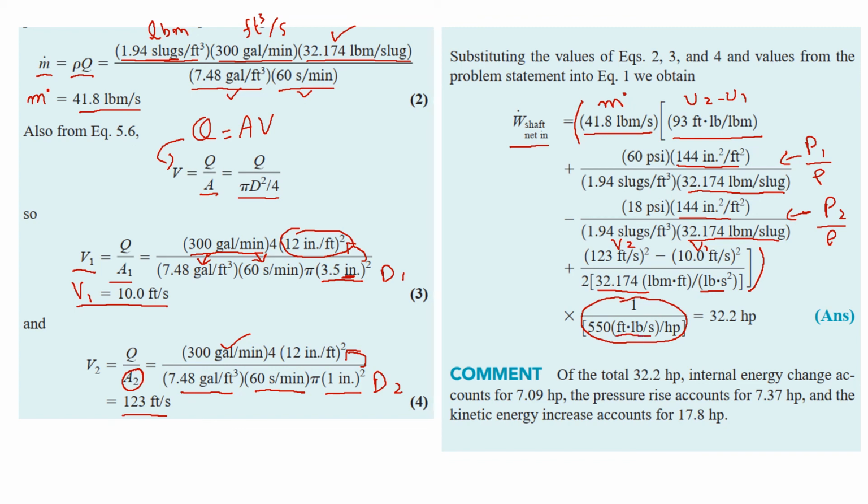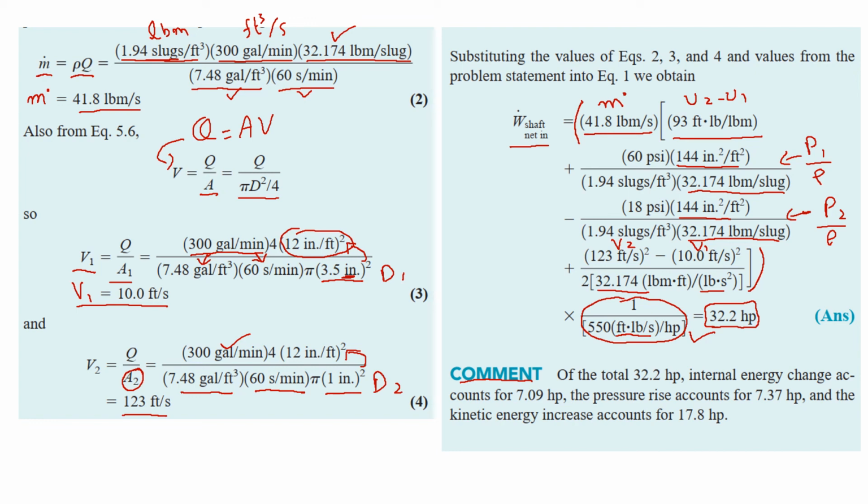But to convert it into horsepower, I will multiply it with this term as a whole. So I will get my work rate, that is my power, in terms of horsepower, and that will be equal to 32.2 horsepower.